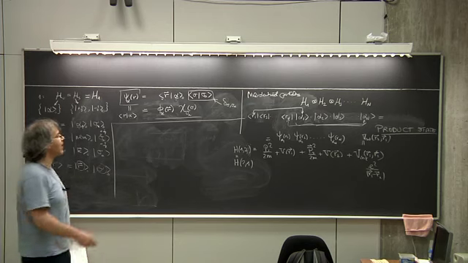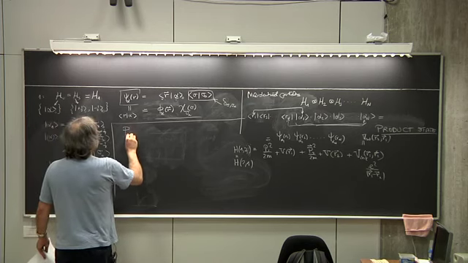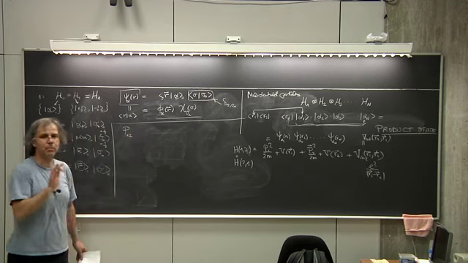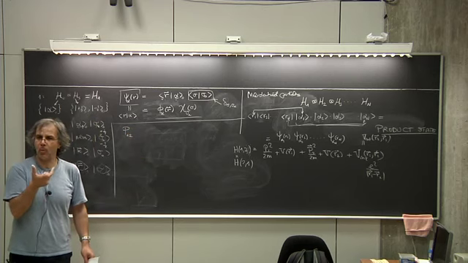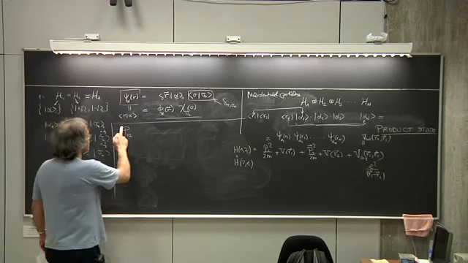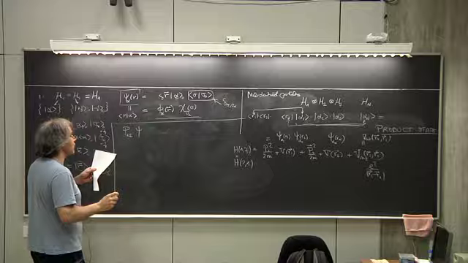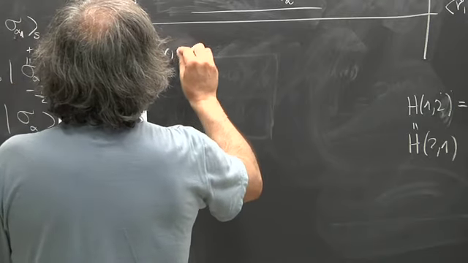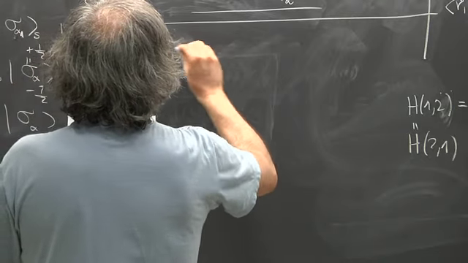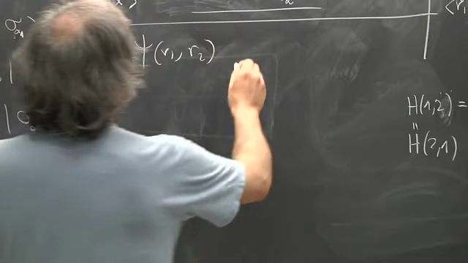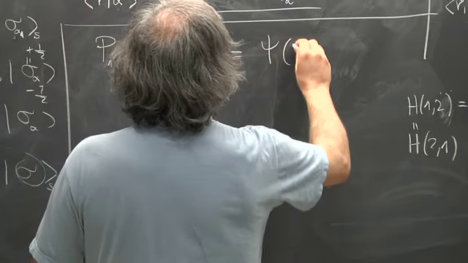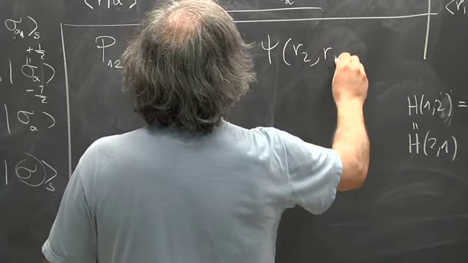Now I will define a similar thing. Let me call P12 the permutation operator, an object that acts in the following way. When it sees a wave function, for instance a wave function of R1, R2, it simply takes the same wave function and exchanges the two labels, okay?